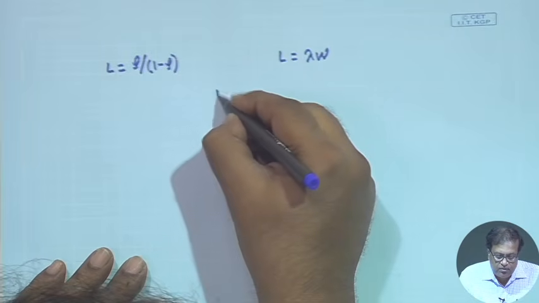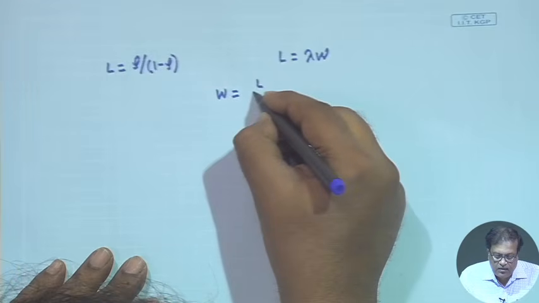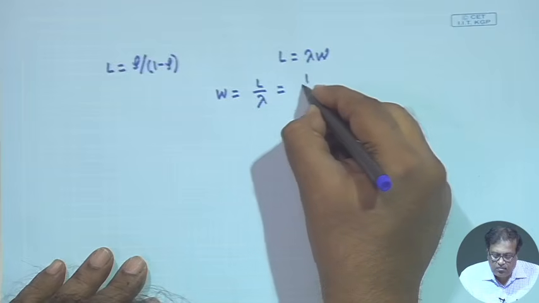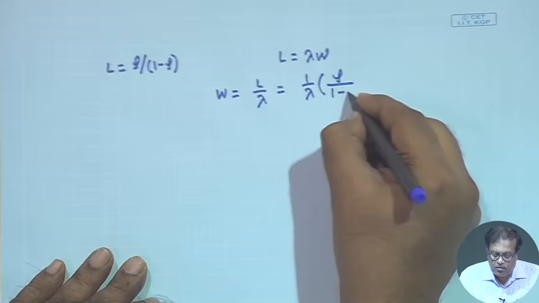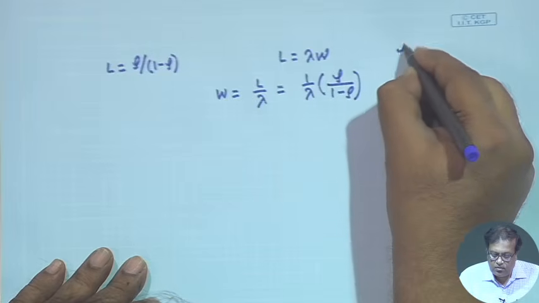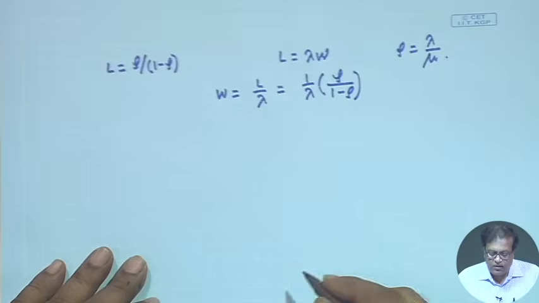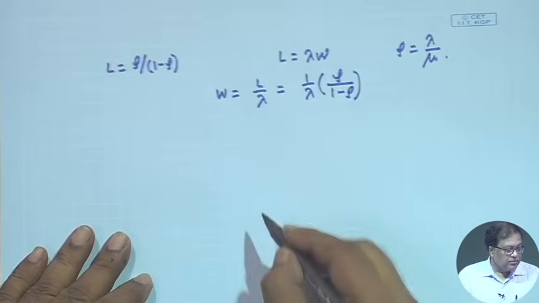The W will be L by lambda. So, it becomes 1 by lambda times rho by 1 minus rho. What is rho? Rho is lambda by mu. Okay. So, this is how you can also obtain what is known as W, right.